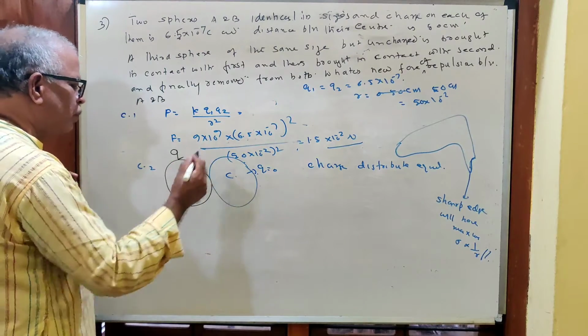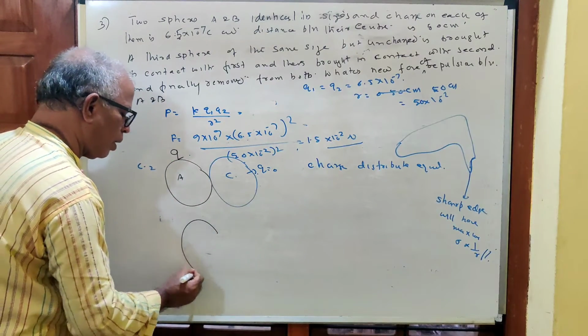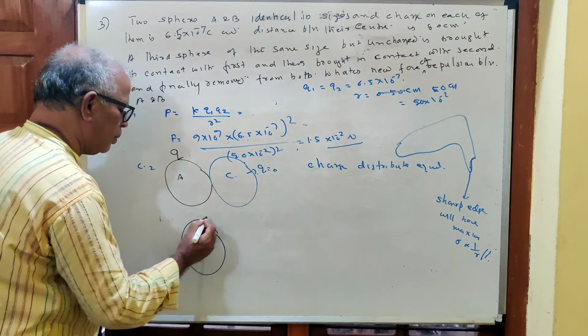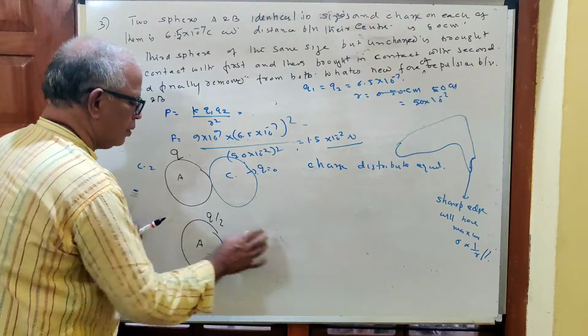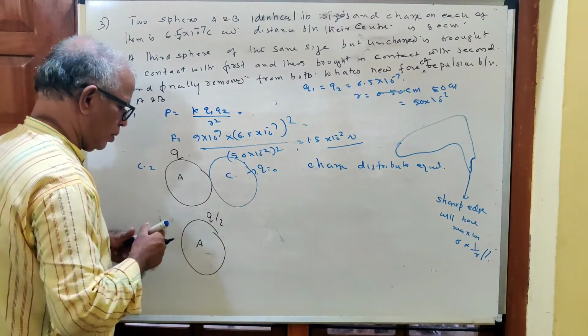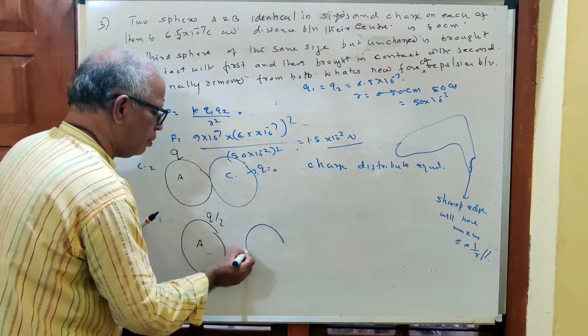So in this case, half of the A charge goes to C. A becomes Q by 2, and C also becomes Q by 2.